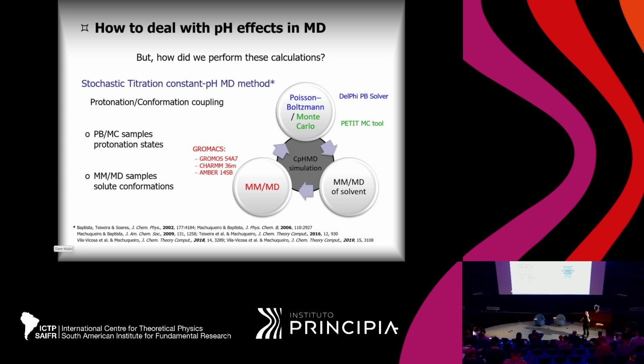So imagine that you run a molecular dynamics simulation, you stop, you go to Poisson-Boltzmann, you get all the energies necessary to do the thermodynamic cycle. And then once you have these energies, you feed them to Monte Carlo, and the Monte Carlo will give you a representative step. And once you have that representative step, you go back to molecular dynamics and you change the protonation states.